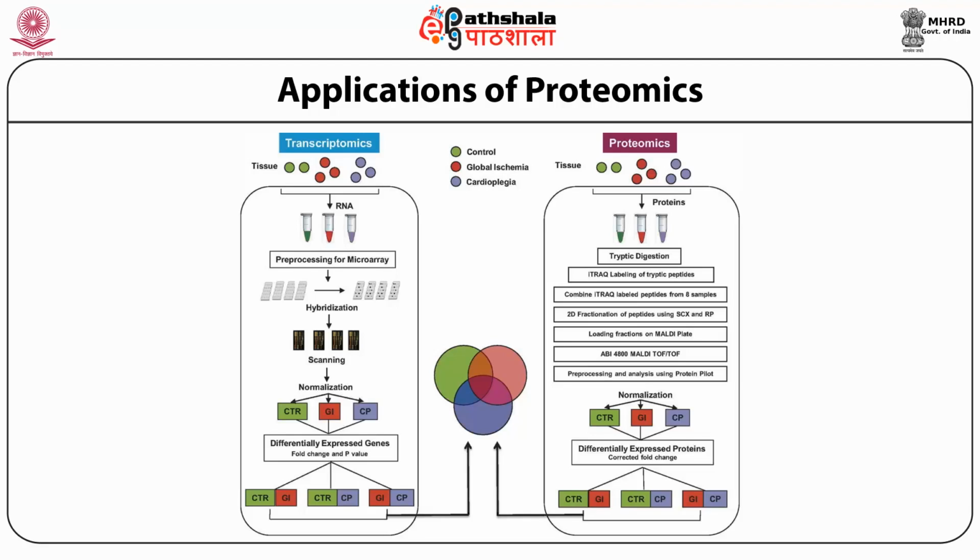The two-dimensional fractionation of peptides using reverse phase chromatography, and these fractions are loaded on the MALDI TOF, and after that we will pre-process and analyze using ProteinPilot. After normalization, these proteins will be studied for their differential expression, and ultimately we will get a proteome profiling of those particular differentially expressed tissues.